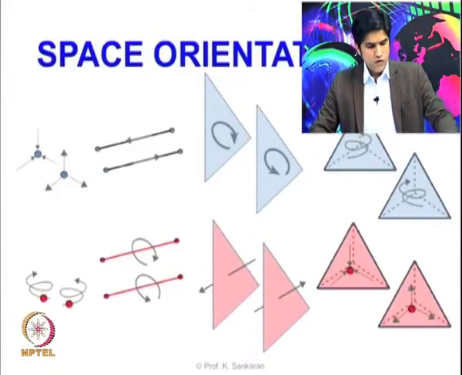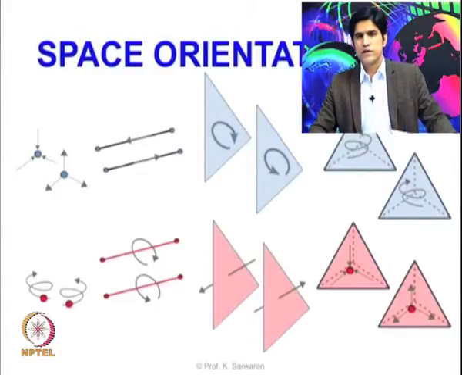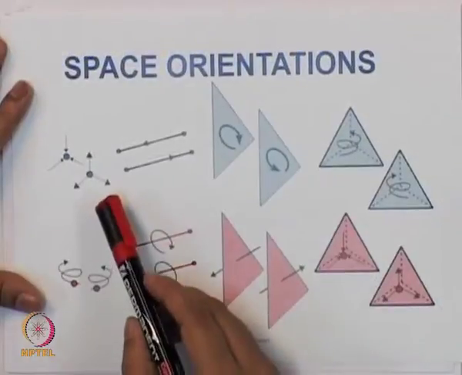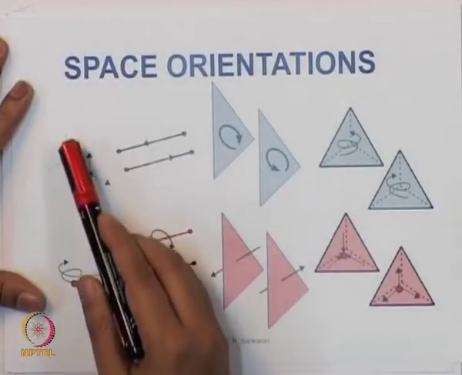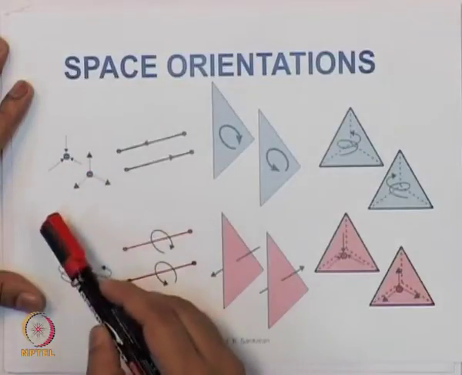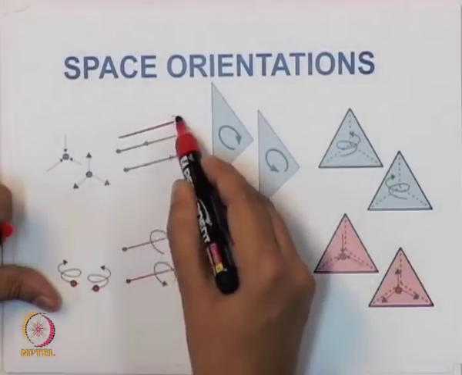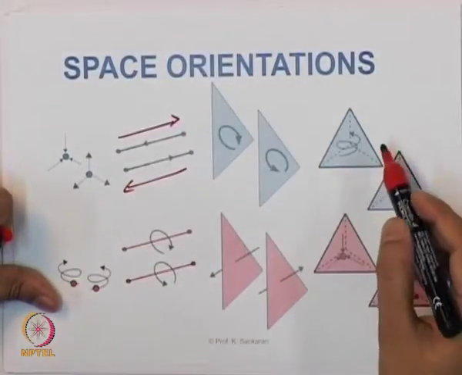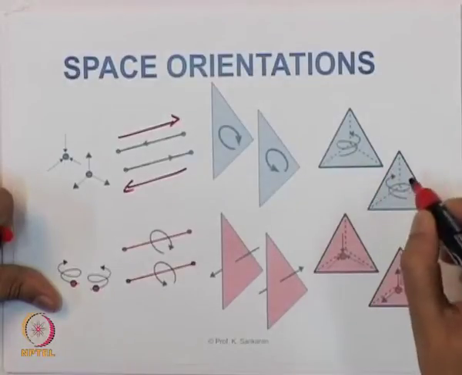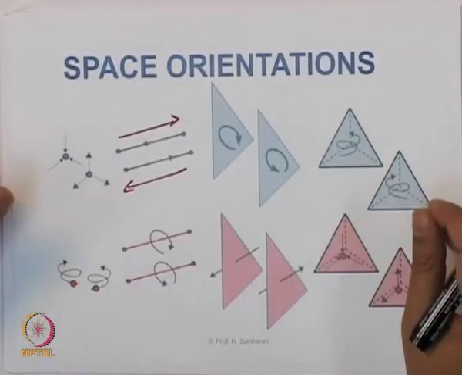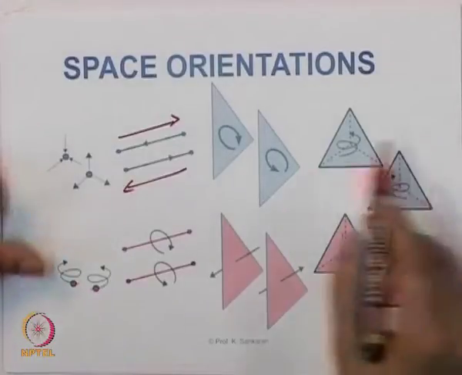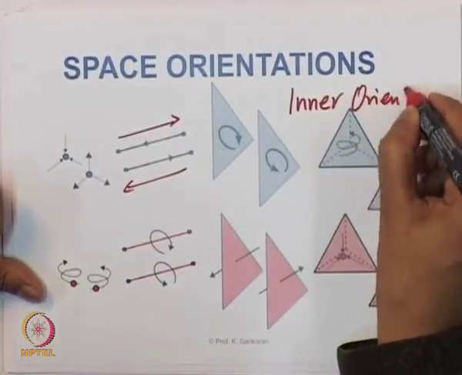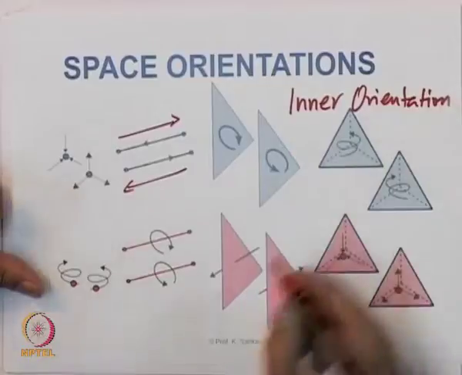So we will look into the other aspect of orientation, which we call outer orientation. What we have discussed so far, whether the point is coming internally or outward, whether it is going from A to B or B to A, whether it's clockwise or anti-clockwise, these are all the kinds of orientation that we talked about so far. We call them inner orientation.